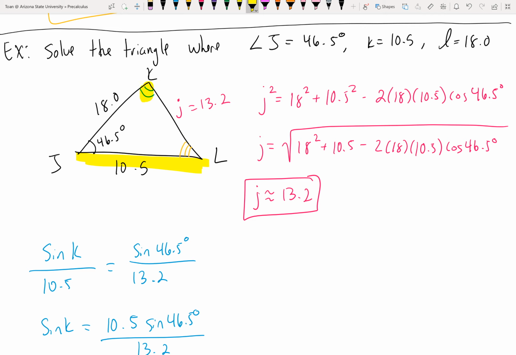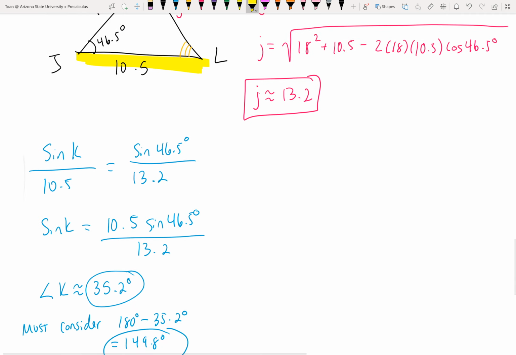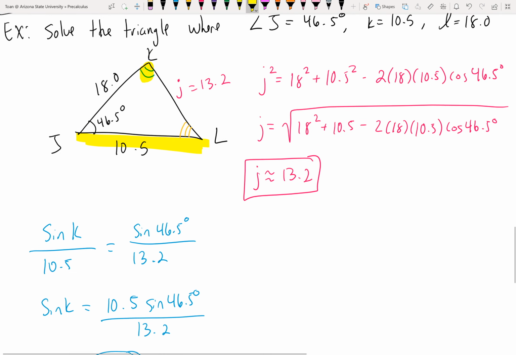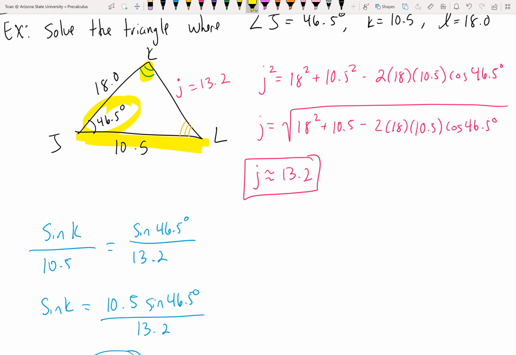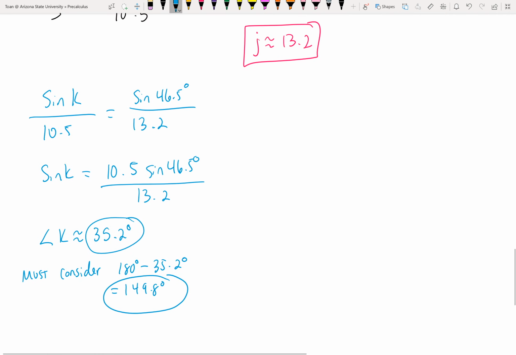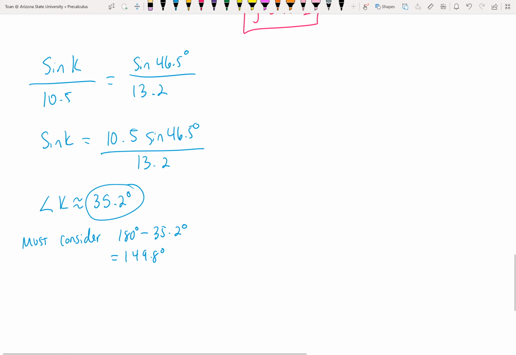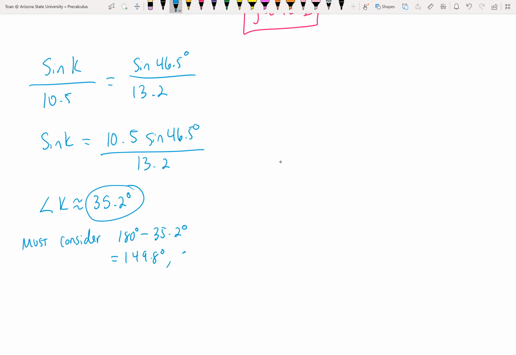So I know it's impossible for this angle to be 149.8 because it would be bigger than this one. Also, 149.8 added to 46.5 would be way too big; it's bigger than 180 degrees. So I know that it's not possible. It can't be the obtuse angle. It has to be the acute angle. So we must consider this one, but the other is not possible.